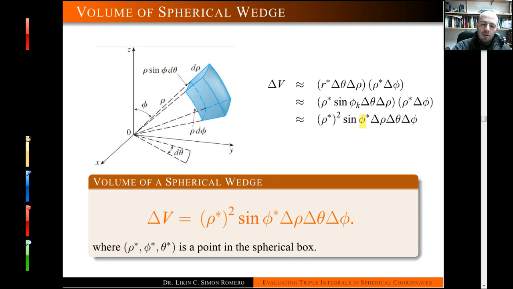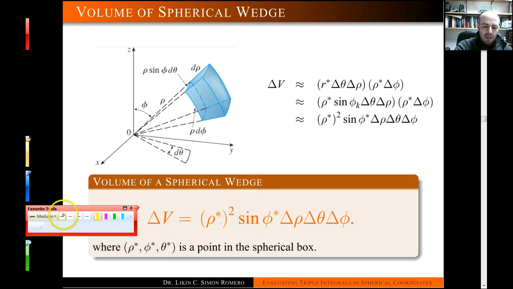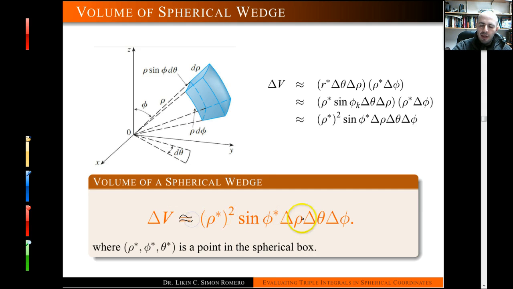The volume of a spherical wedge can be approximated by this. Or if we pick a particular point, we can get that the volume is equal to that, and you can prove that. It's not of my main interest to explain that to you.